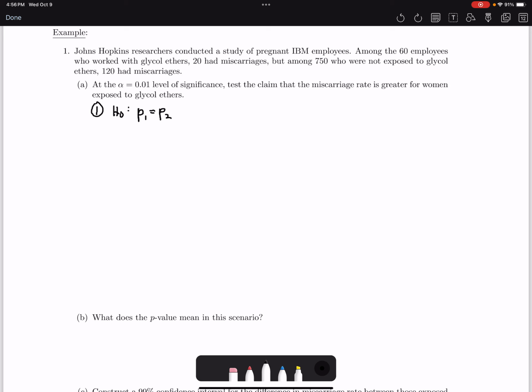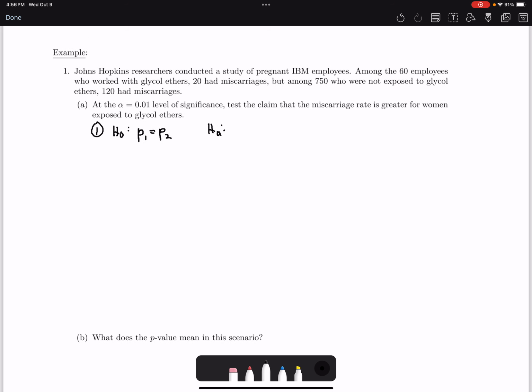The alternative hypothesis is that the miscarriage rate is greater for women exposed to glycol ethers. Now here we need to be careful. It doesn't matter which group we label group 1 and which we label group 2 as long as we remain consistent throughout the problem. In my case, I'm going to say the group of women who were exposed to glycol ethers is group 1 because they were the first group mentioned.